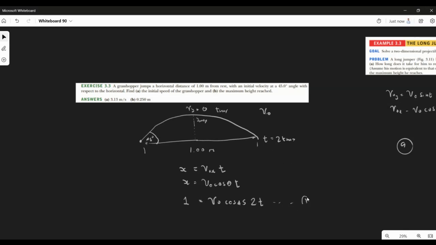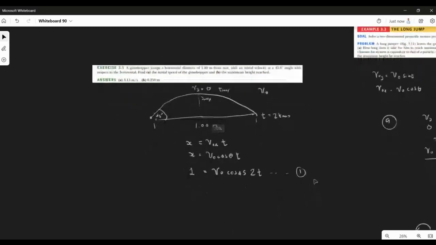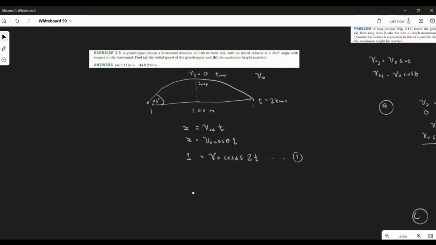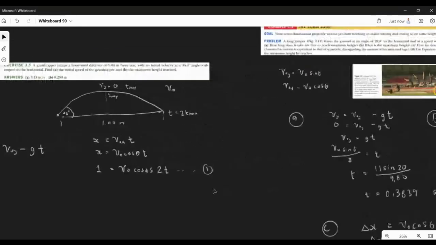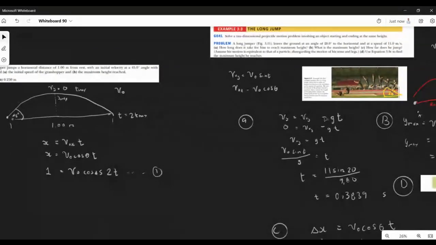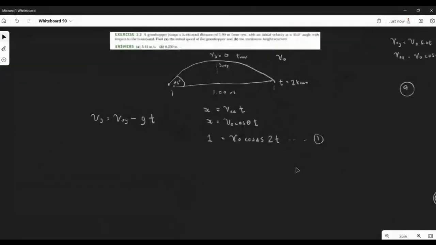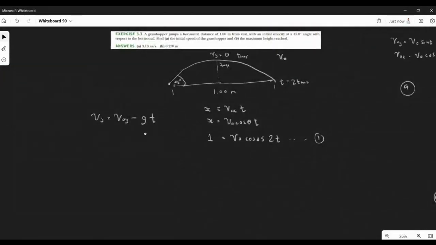So that's the first equation. The next equation is to do with the y. If you remember, Vy equals Voy minus GT. It's exactly the same as the previous example. At the top, Vy is 0, so 0 equals Voy minus GT.